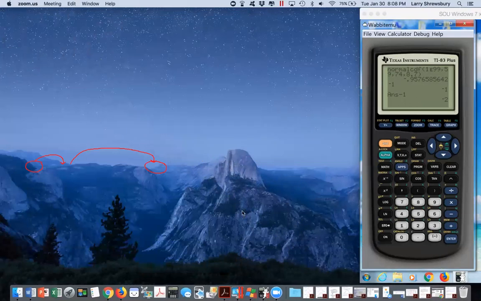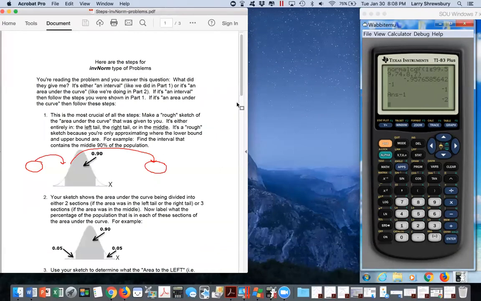Now for part 2, it's very important that you use this template that you have available to you. That's from the learning. Oh, let me clear my drawing first. There we go. And the steps you do are very different from what you were doing in Normalcdf.